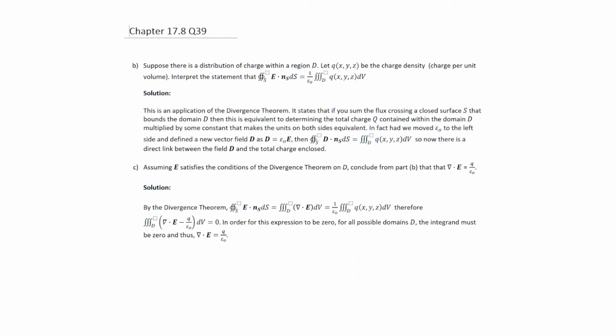It states that if you sum the flux across the closed surface that bounds the domain D, then it's equivalent to determining the total charge contained within the domain D, multiplied by some constant that makes the units on both sides equivalent.